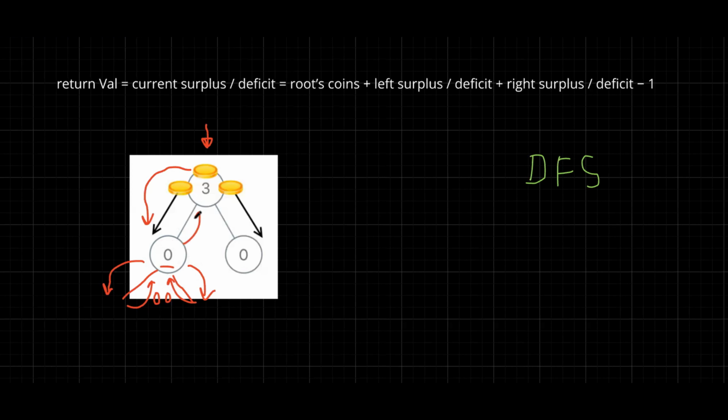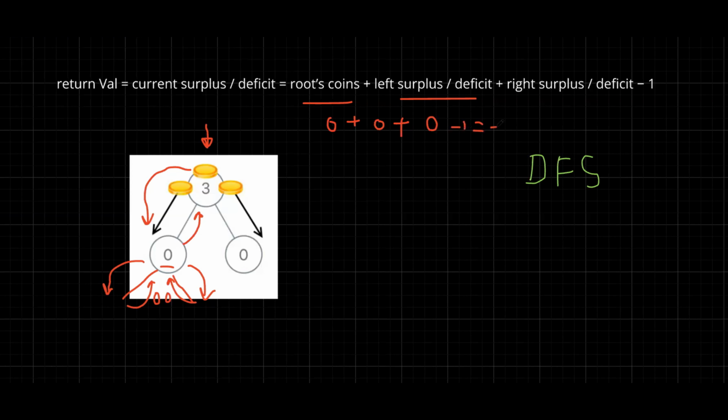Now, the left child and right child of the node 0 are returning the value 0. So 0 will return the root's coin, which is 0, plus left surplus or deficit, which is the return value of the left subtree, plus the right surplus or deficit, which is the return value of the right subtree, minus 1.